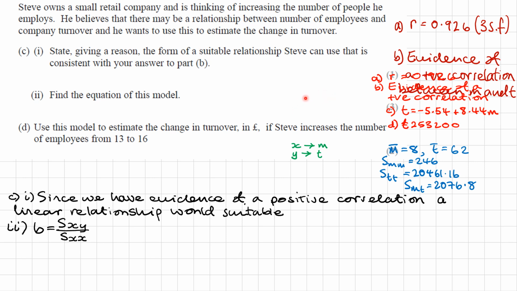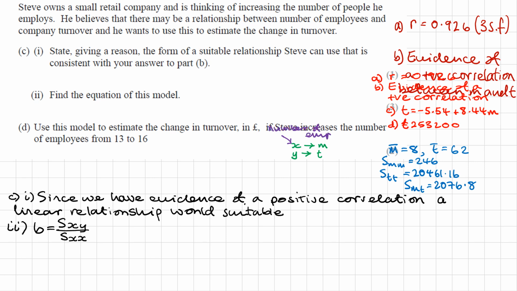So let's think about it. Is it the number of employees that changes the turnover, or is it the turnover that changes the number of employees? Well, it's the number of employees which causes the turnover to change. So x has to be the number of employees.